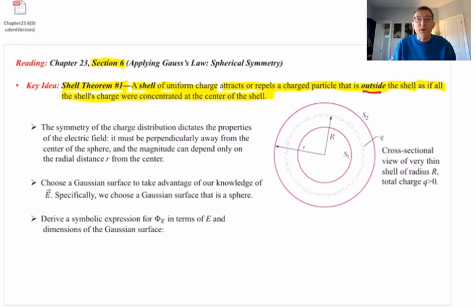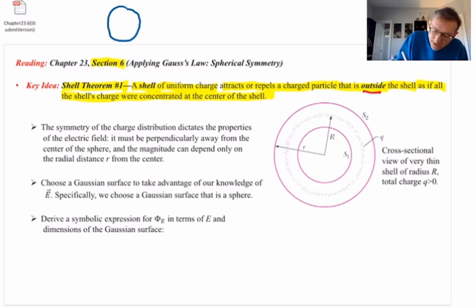Let me try to draw you a cartoon picture of what this says, because it's really quite amazing. I'll draw it up here at the top. I'll try to make it small enough. So that looks like a circle, somewhat. That's supposed to be a spherical shell with a hollow interior.